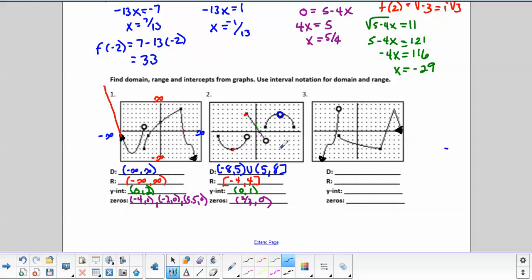Okay, last one. The domain starts over here at negative infinity. Let me just put that on the axes. So your x values start over here at negative infinity, continue, picked up right away right here, and continue to positive infinity.